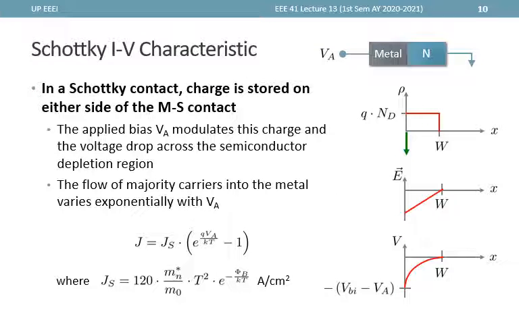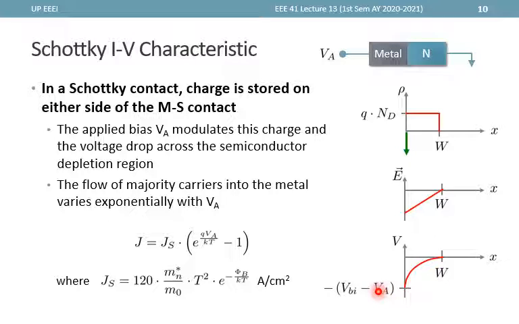Let's have a short review of the Schottky IV characteristic. In a Schottky or rectifying MS contact, charge is stored on either side of the MS contact, and the applied bias VA, defined here, modulates this charge. It modulates the amount of charge and the voltage drop across the semiconductor depletion region.